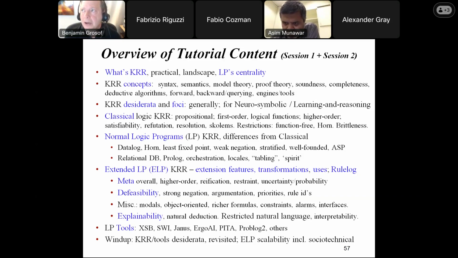However, there are such zoos for a lot of the simpler kinds of KRR that is used in semantic web. So ontologies, fact sets, etc. Some of them very large scale, and those have been used for benchmarking and testing and validating in the area of semantic web for the last 15, 20 years.